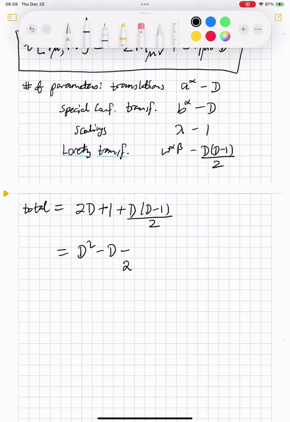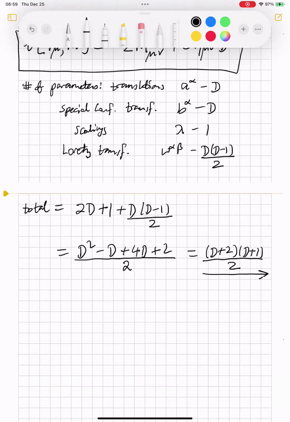The 2d will become plus 4d, and plus 1 will become plus 2. That's d squared plus 3d plus 2, which is just d plus 2 times d plus 1 over 2. So that's the total number of transformations in the conformal group.